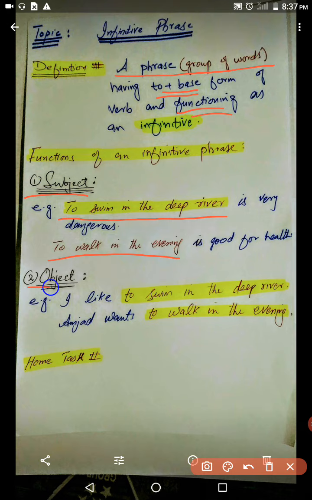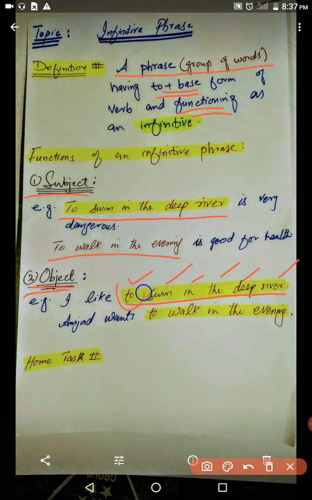Another function of infinitive phrase is the function of the object. When you say I like what? I like to swim in the deep river. To swim in the deep river, because we define that an infinitive phrase will be a group of words. So look, 1, 2, 3, 4, 5, 6 words are here. And it will be having to plus base form of the verb.